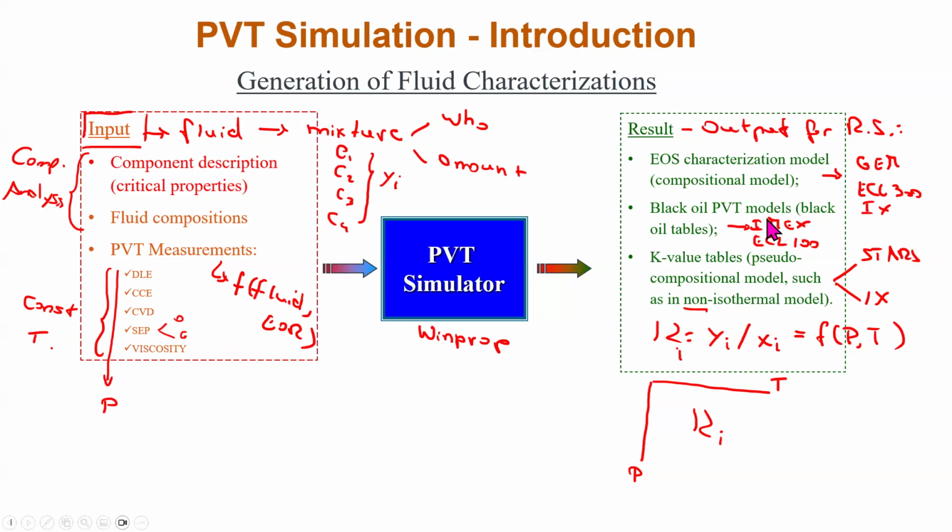If you generate a PVT table to reproduce the properties of your fluid, it means that you are planning to use a black oil simulator to run your field. And to finish, if you generate a k-values table, it means that you plan to use a non-isothermal model. So the way the fluid is modeled defines the kind of simulation strategy that you are planning to deploy. Okay, so the fluid is the key point.